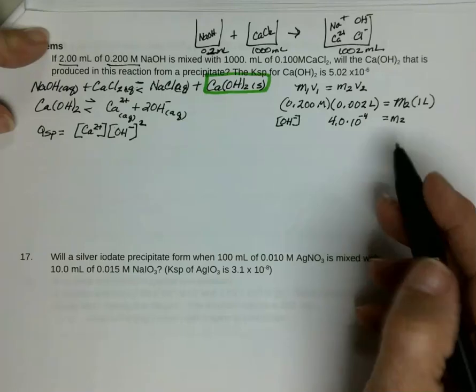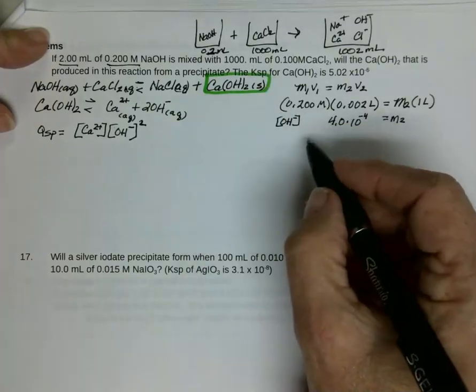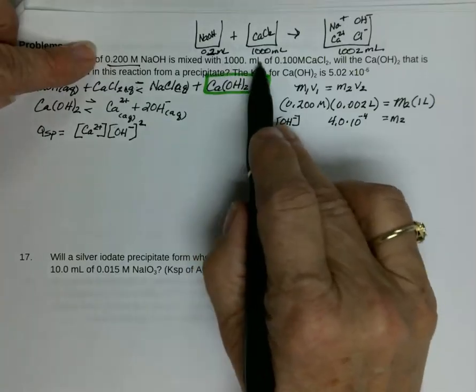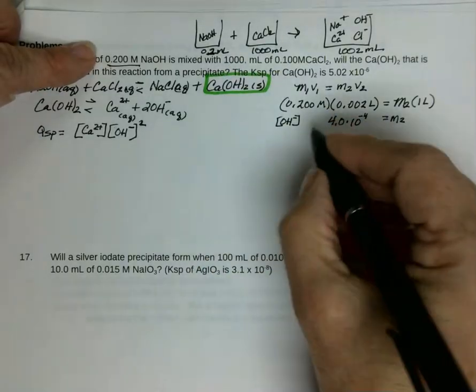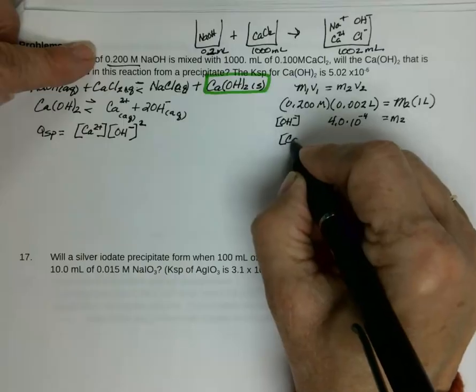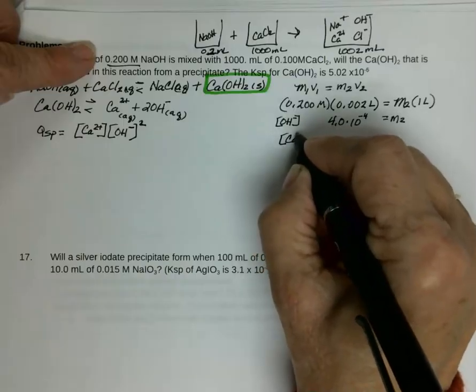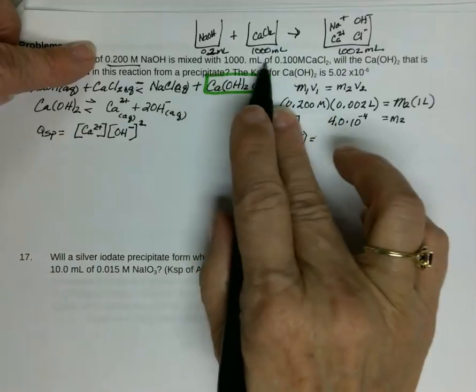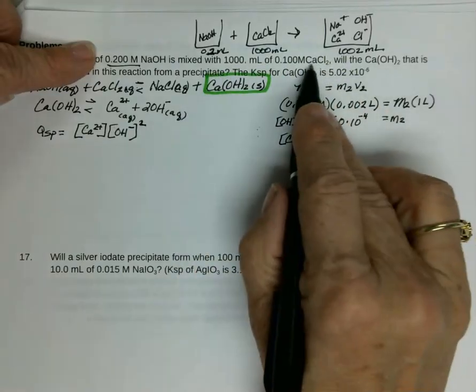Okay, so we're going to now go to this solution, and it tells me that I already have a 1 liter solution. Therefore, I don't need to do anything to this one. I know that my calcium is 0.1 molar.